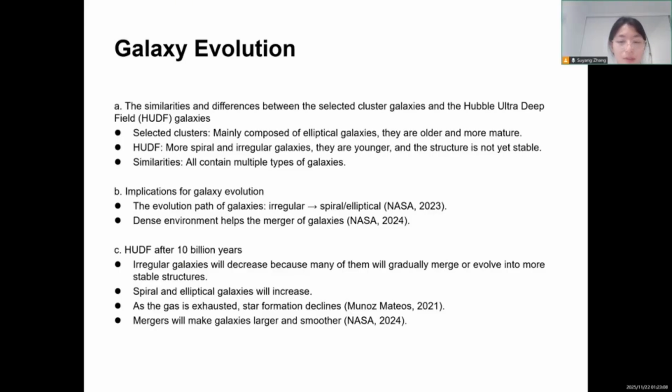If we could observe the HUDF up to 10 billion years in the future, the current irregular galaxies might have merged into large systems. Spiral galaxies become rarer because they stop star formation. The number of elliptical galaxies will increase.